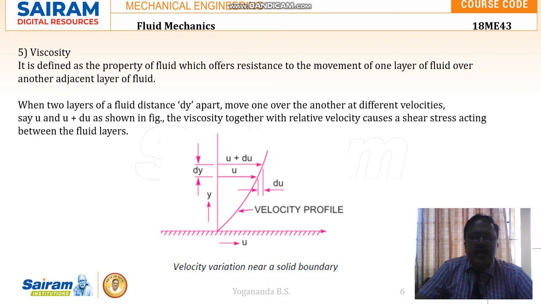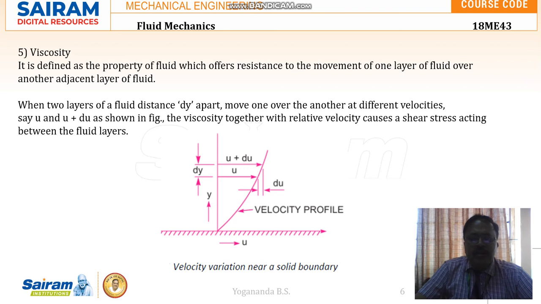When you consider any two layers at a distance dy apart, as shown in the graph here, one is moving over the other at different velocities. One fluid layer is at a velocity u, the other layer is at a velocity u plus du, as shown in the figure.